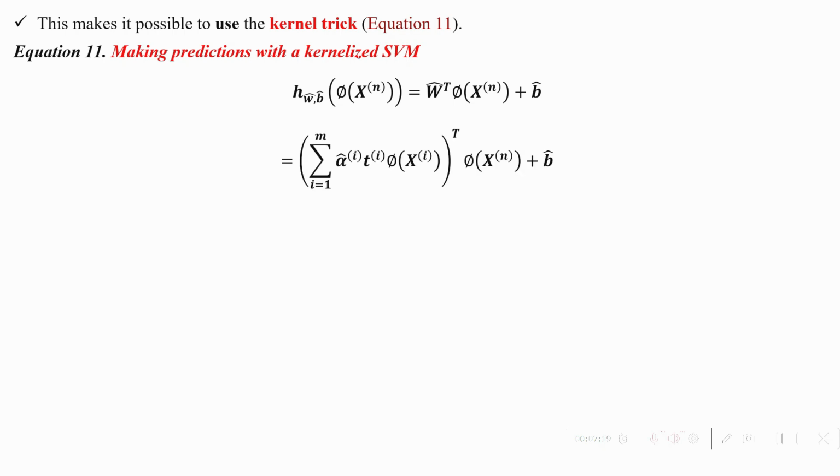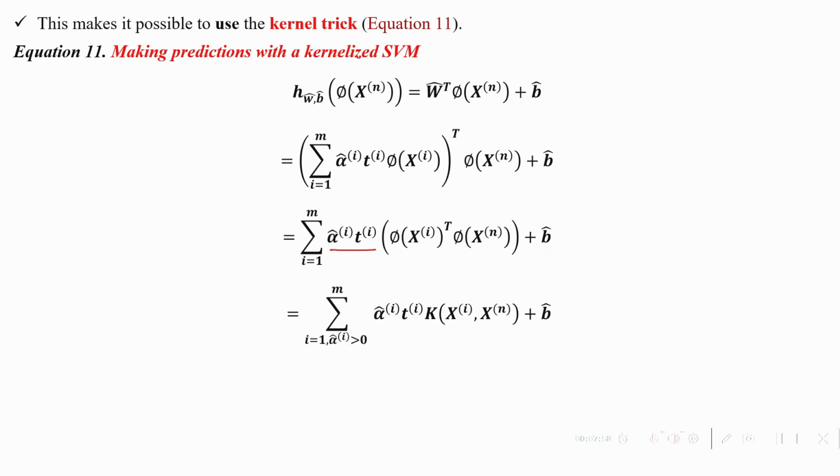Now, if you substitute the value of W, W transpose equals the sum over i equal to 1 to m of alpha cap of i t^(i) phi of x^(i) transpose, into phi of x^(n) plus b cap.